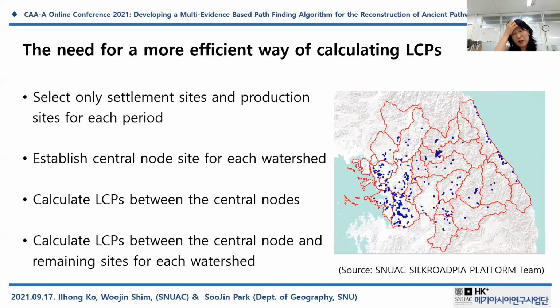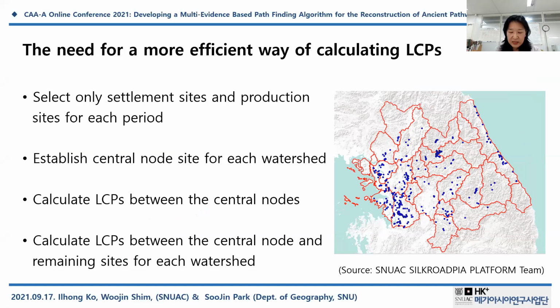The solution that we have come upon, which we are at the very preliminary stages of at this point, is this. First, of all of the point data that we had, we selected only the settlement sites and the production sites for each period because we thought that gave us a more manageable data set. And then secondly, for each watershed, we established a central node site.